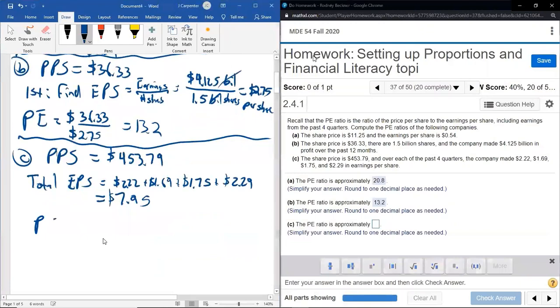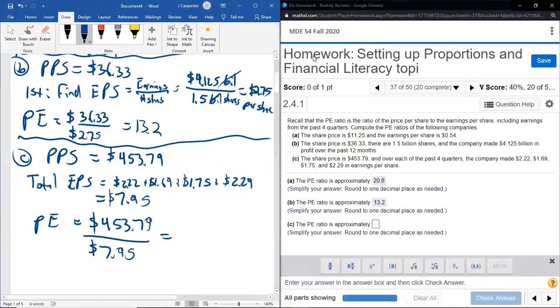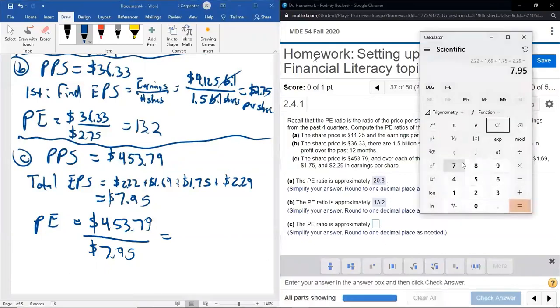The PE ratio is the ratio of price per share to earnings per share. Price per share was the 453.79 for the dollar amount. The earnings per share we calculated to be $7.95 per share. So let's divide those 2 values. 453.79 divided by 7.95.